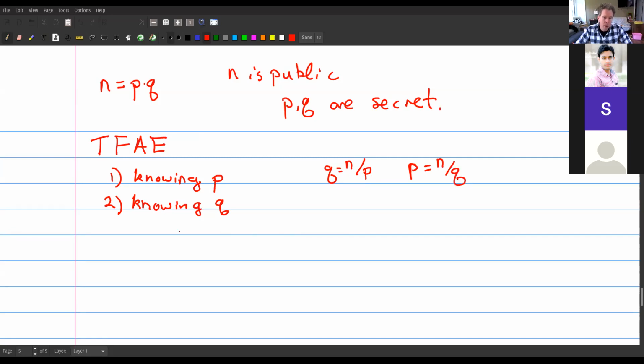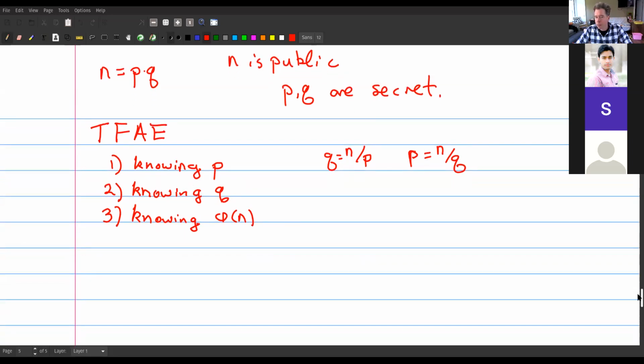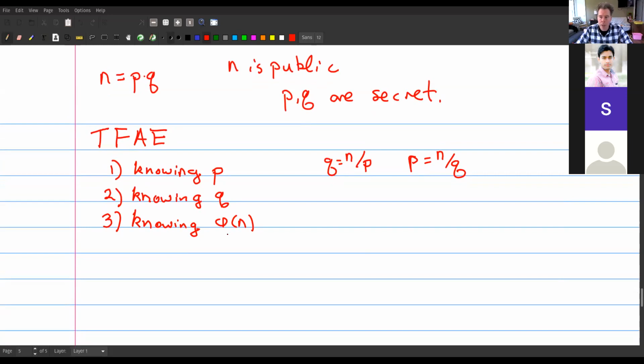So something that's kind of surprising is that this is also equivalent to knowing phi of n. We haven't really made an argument. I just said that people believe that figuring out phi of n is just as hard as factoring n.